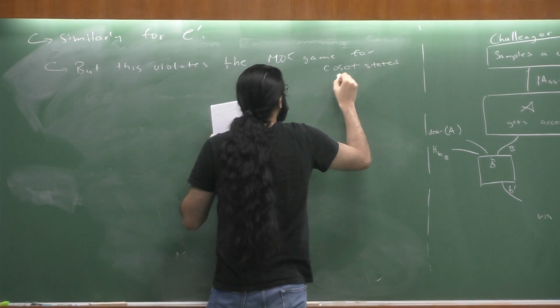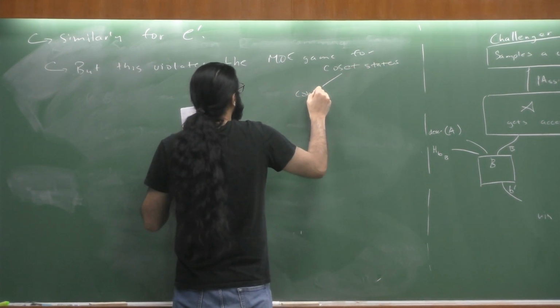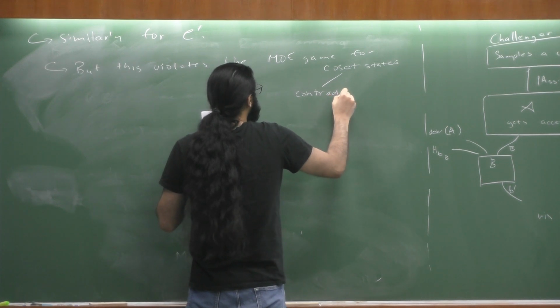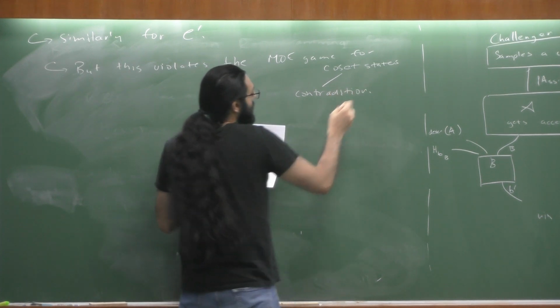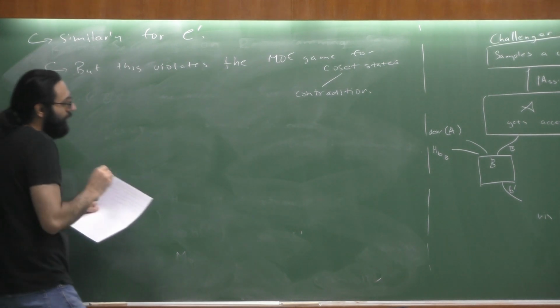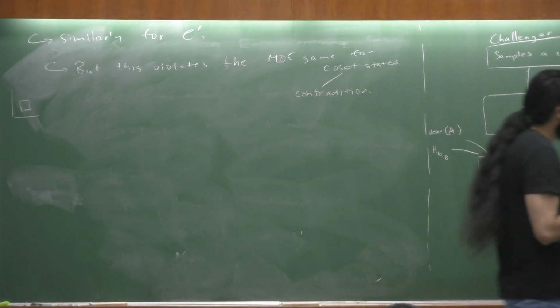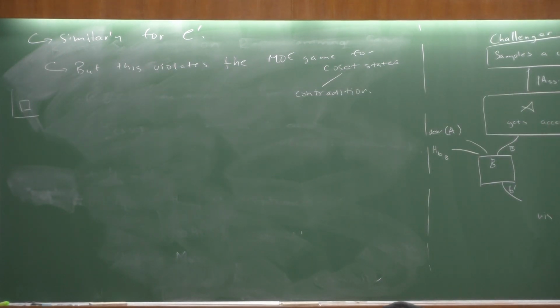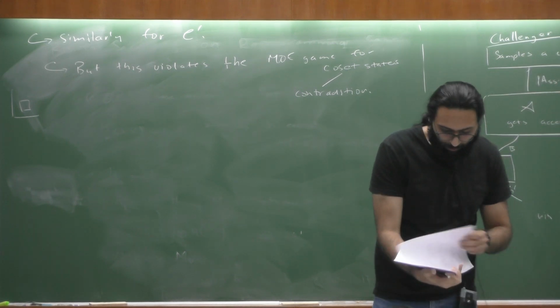Okay, and so that's a contradiction, because there's a separate proof that you cannot win the monogamy of entanglement game. Okay, so this will complete the proof sketch. I'm sorry, I wish I had it a bit more internalized so I could tell you things.